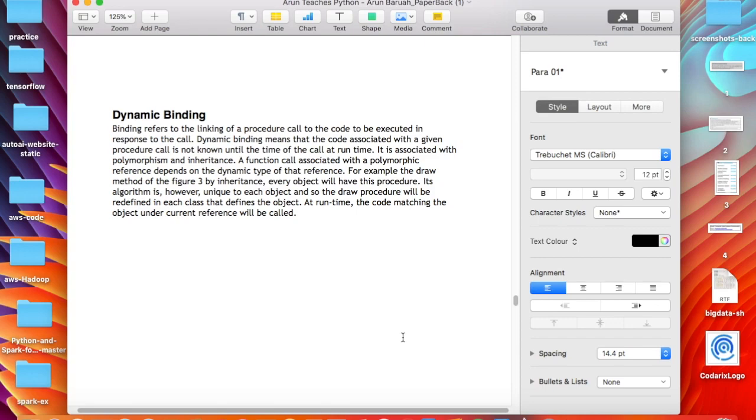Dynamic binding means the code associated with a given procedure call is not known until the time of the call at runtime. It is associated with polymorphism and inheritance. So you may get an interview question, what is dynamic binding? You may also get some questions like what is compile time binding.